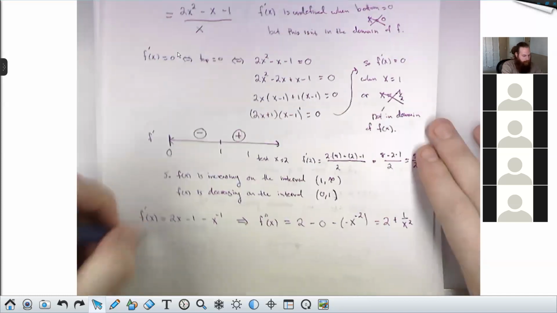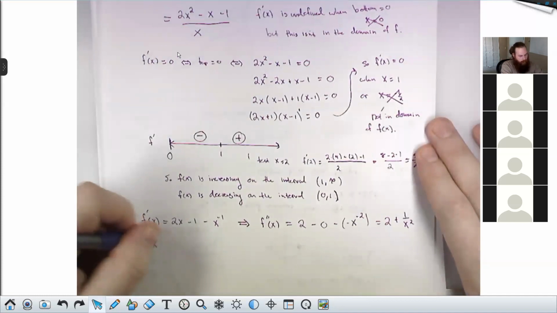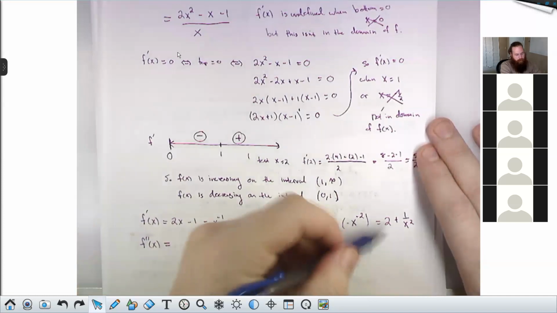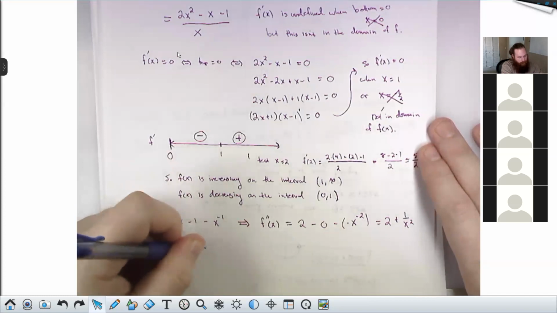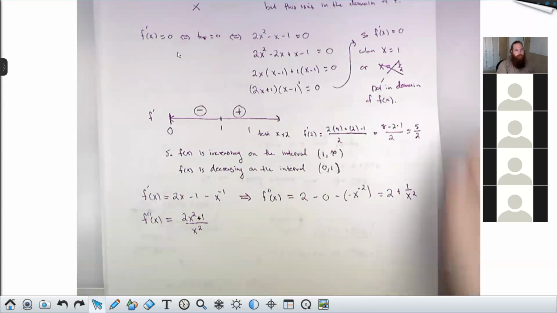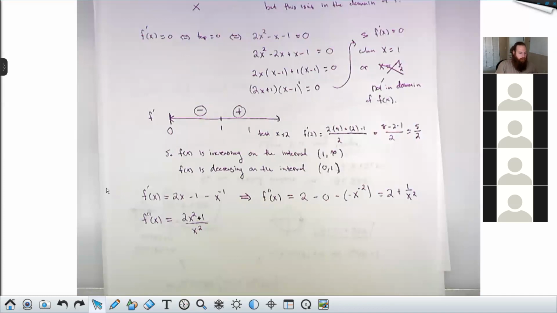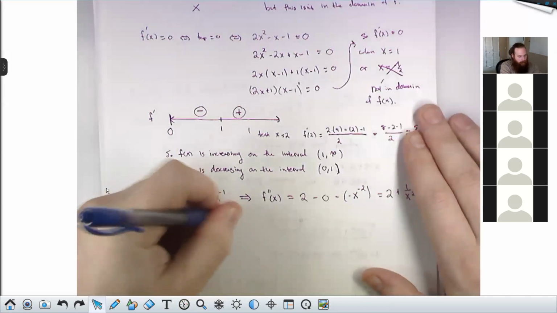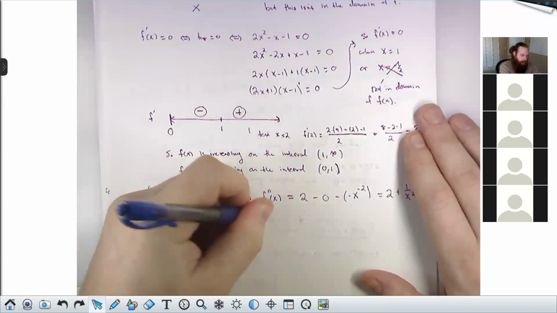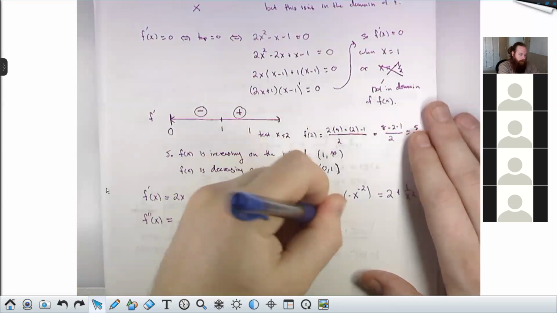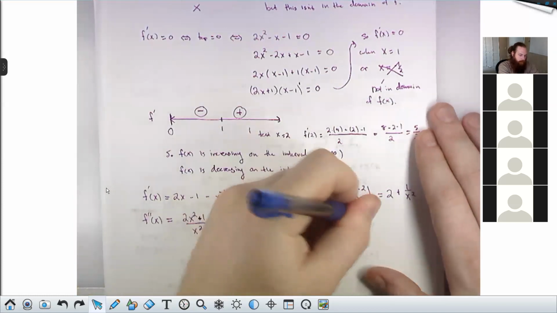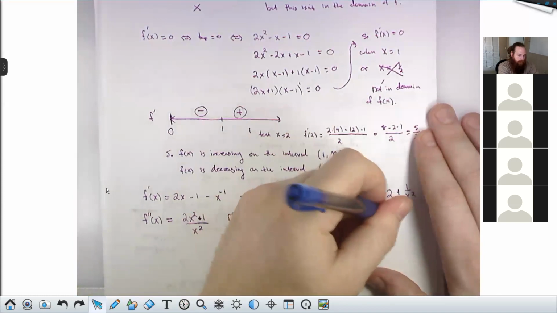Again, I need a common denominator. I multiply the 2 by x squared over x squared, and I get (2x squared plus 1) over x squared. Sorry, plus 1. As far as I can tell, this is never going to be 0 or undefined. So f double prime is undefined when x equals 0, but again, that's not in the domain of the original.